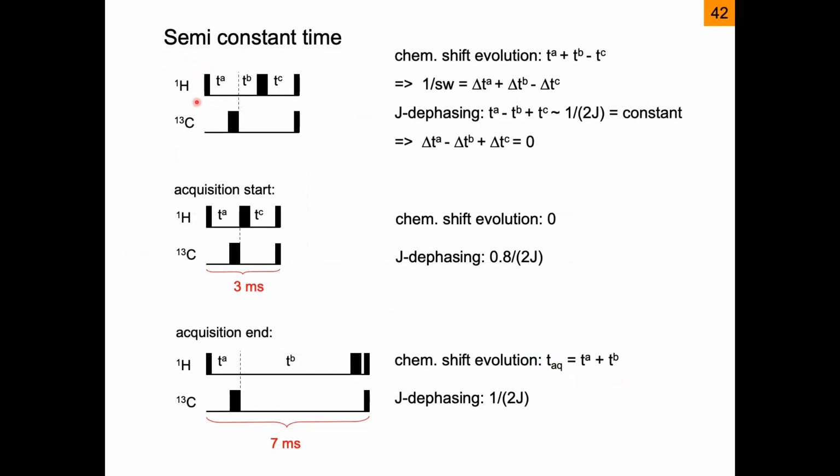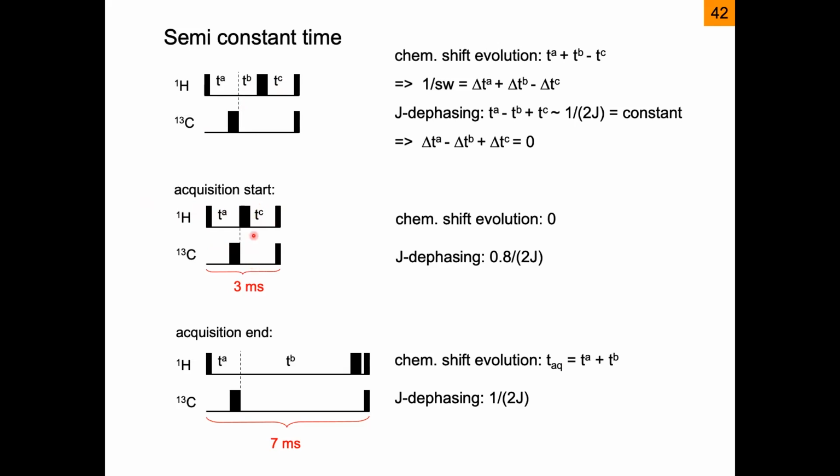And this is that we now shift both 180-degree pulses, but we don't shift them in synchrony anymore. And we relax the condition that the total length is constant. So you could think, for example, that you start your acquisition where you have set this delay to 3 milliseconds, and this 180 is in the middle, and this is also very close to the middle. Then the chemical shift evolution is refocused. The J coupling is active for 3 milliseconds.